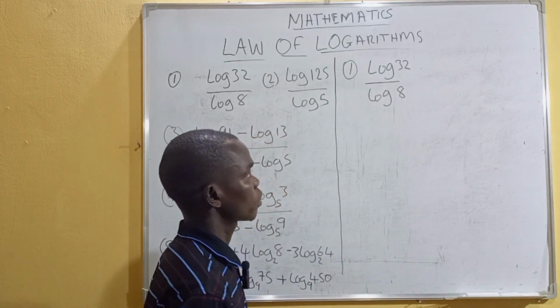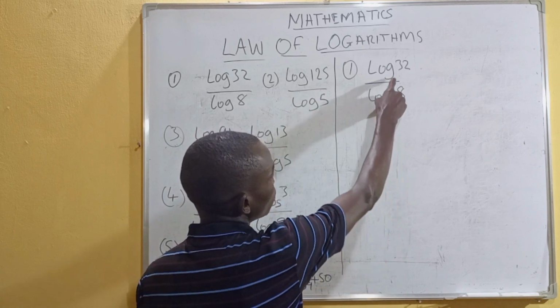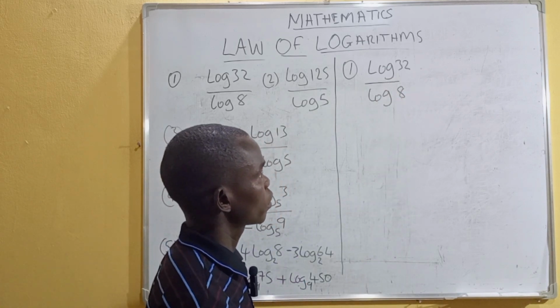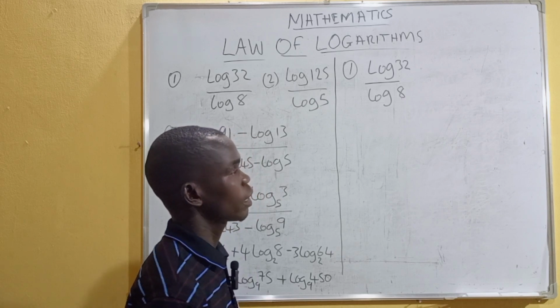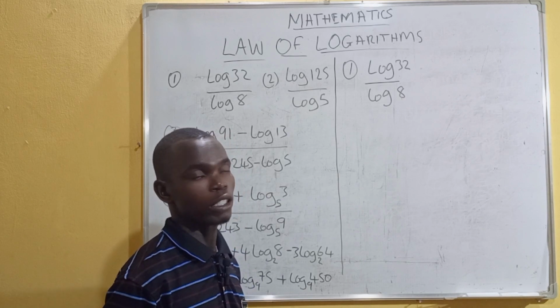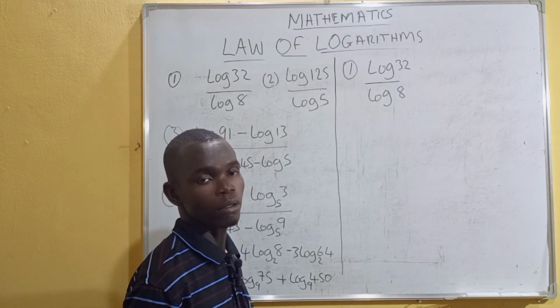If you look at this question, the base of this log is not given. So anytime you see a log whose base is not given, it means that it's a common log, that is base 10.